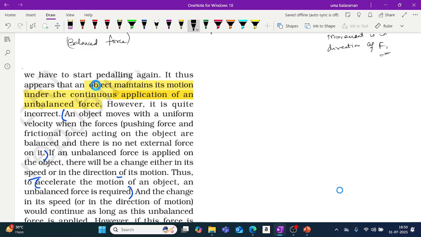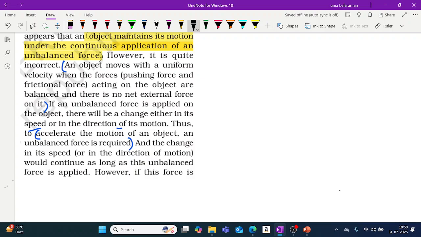But that is not the case. An object maintains motion under continuous application of unbalanced force. If you are unable to make the frictional force zero, you have to apply a force more than the frictional force. Then also the object will be in motion forever.